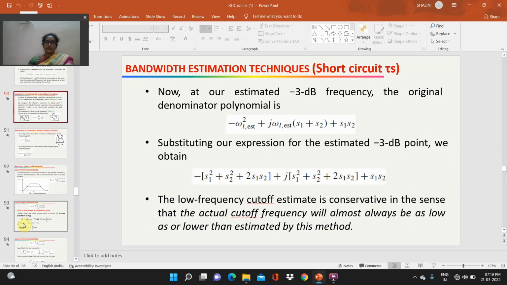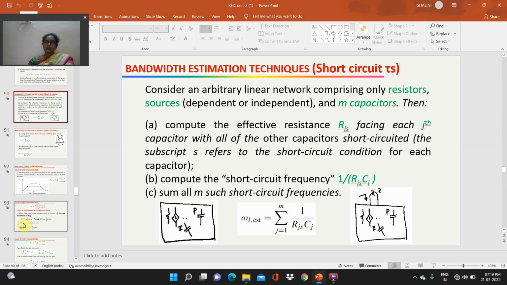Consider an arbitrary linear network comprising only resistors, sources, and M capacitors. Then compute the effective resistance R_jS facing each jth capacitor with all of the other capacitors short circuited. The subscript S refers to the short circuit condition for each capacitor.